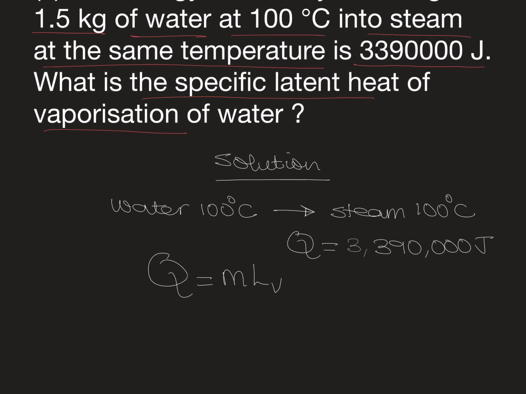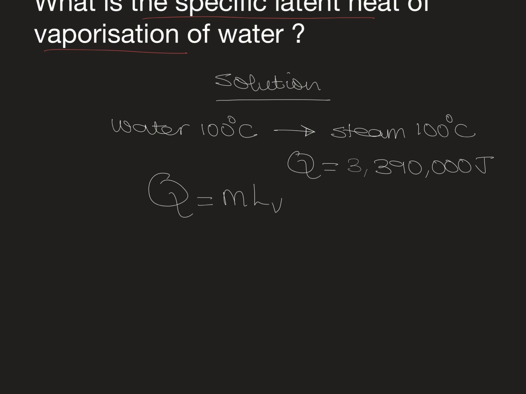The mass is 1.5 kilograms, so Q is 3,390,000 joules. This is equal to the mass, 1.5 kilograms, times LV. So we're going to have 3,390,000 is equal to 1.5 LV.